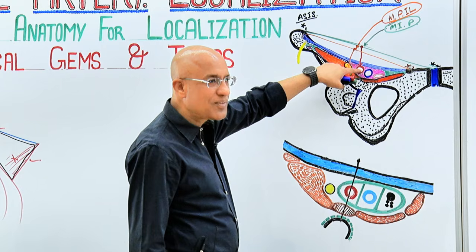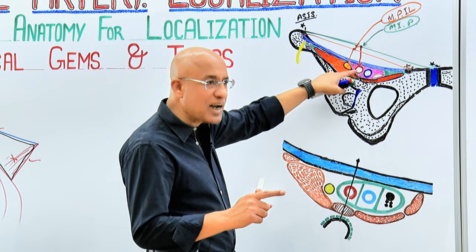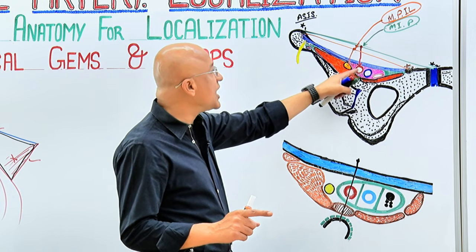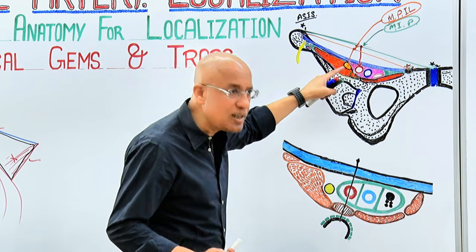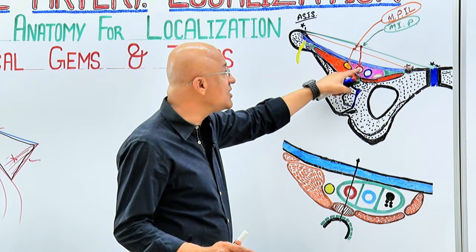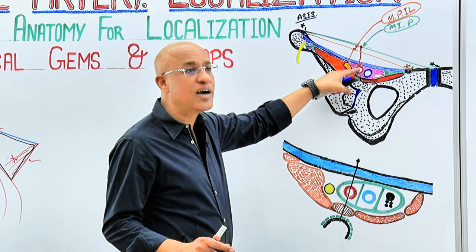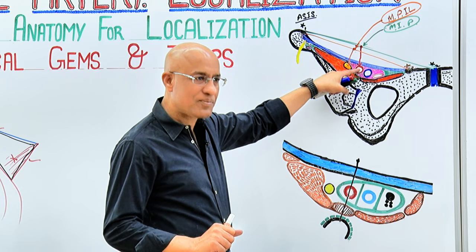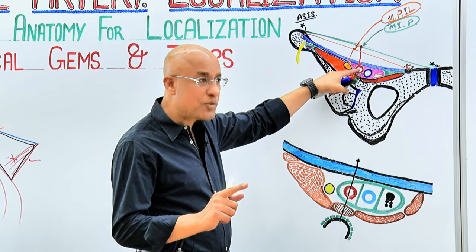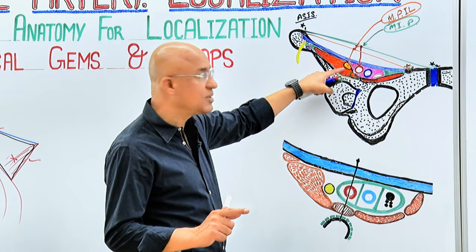The femoral artery. First you localize the femoral artery and then inject your local anesthetic slightly laterally, because in this case the artery is acting as a what? Anatomical landmark, right?